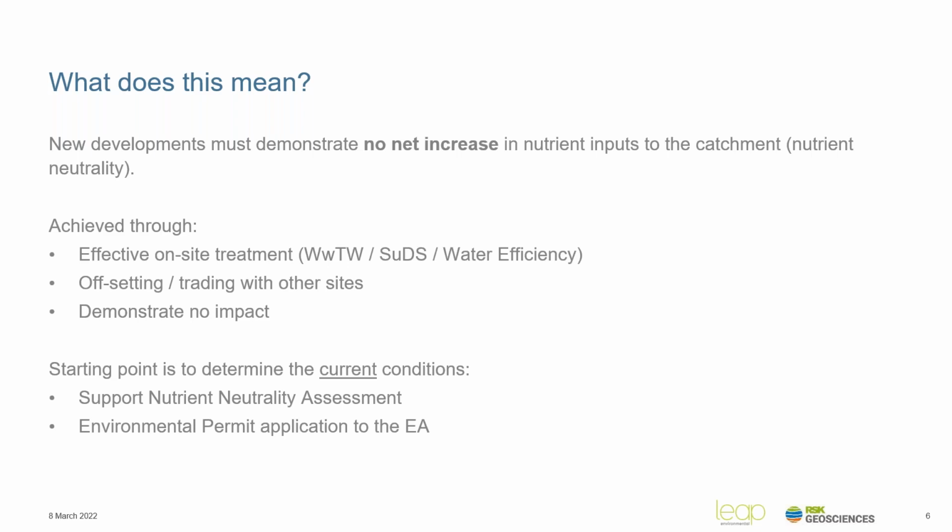The starting point for all of these is always going to be an establishment of the current conditions, a proper understanding, and that's used to support nutrient neutrality assessment and also environmental permit applications to the Environment Agency. And the environmental permit application is going to be needed for those wastewater treatment works, so it's actually fundamentally linked to achieving nutrient neutrality.